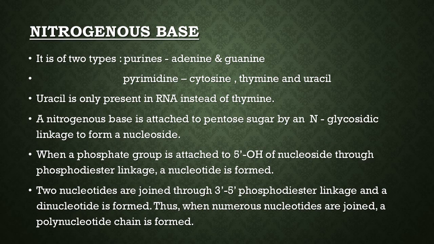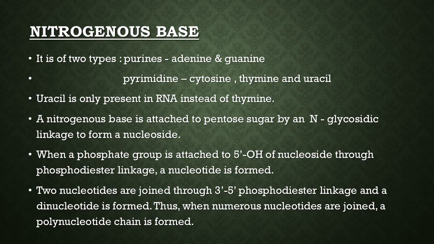Now, let's have a view on the very first component of nucleotide, that is nitrogenous bases. Nitrogenous bases are of two types: purines and pyrimidines. Purines include adenine and guanine. Pyrimidines include cytosine, thymine and uracil. Thymine is present only in DNA and uracil is present only in RNA.